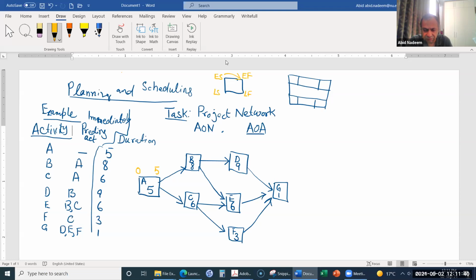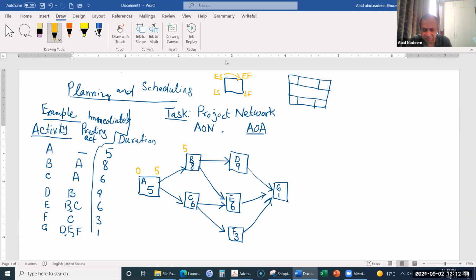If activity A finishes on 5, then we can put the start of activity B as also 5. We put these 5 and 5 numbers for our convenience, because it makes the manual calculations easier. But in reality, if the work finishes on Sunday, the next activity will start on Monday.